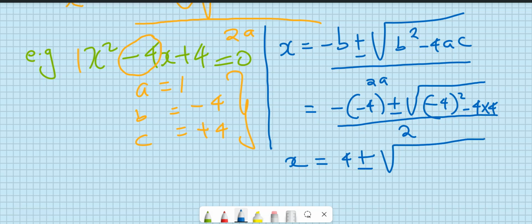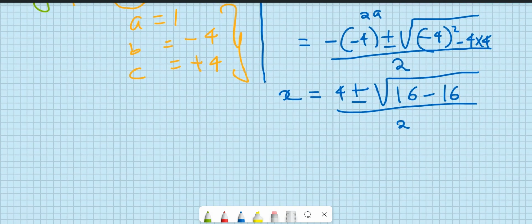Negative times negative is positive, so 16, minus 16, then divided by 2. Therefore, x will be 4 plus or minus what? 16 minus 16 is 0. The square root of 0 is 0.